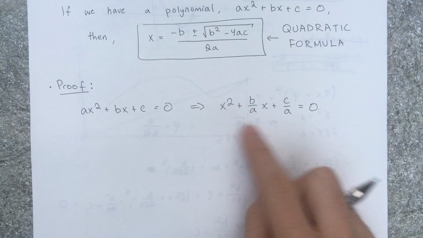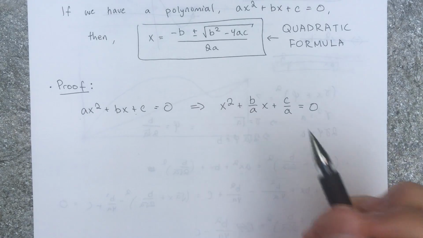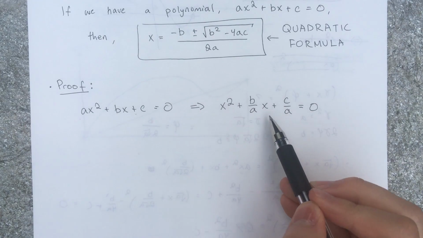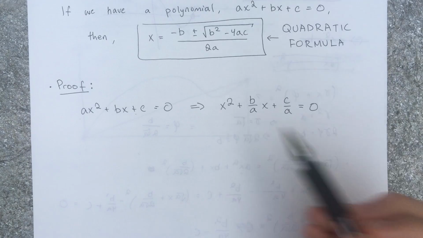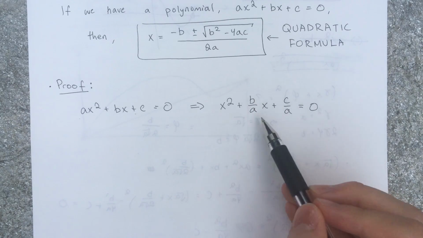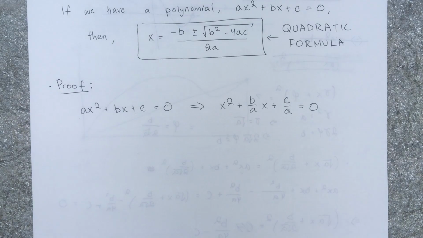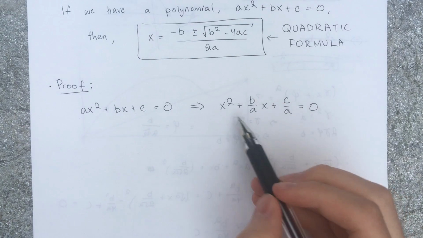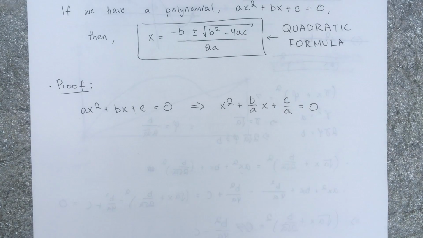And now that we have this, a great way to solve quadratic equations in general is factoring, but since we don't know what b, a, and c are, that might get a little bit complicated. So the next way to deal with this is we can complete the square.